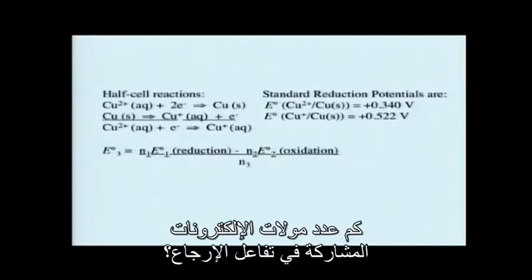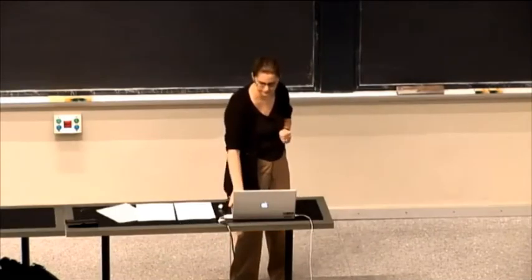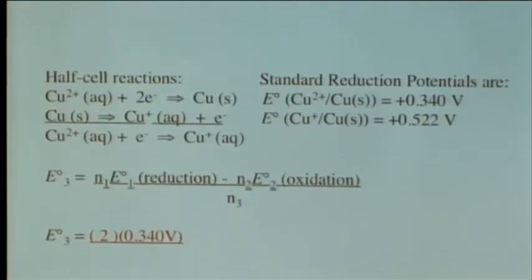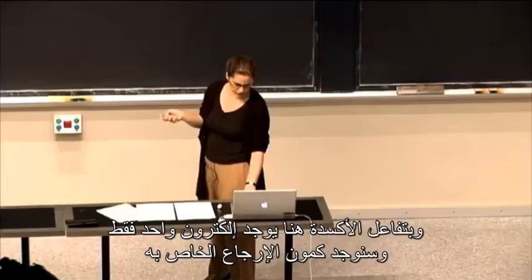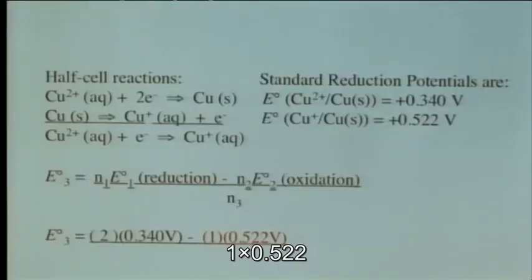Yeah. And how many moles of electrons are involved? Yeah. So we put in 2 times 0.340 volts. And then over here in the oxidation, there's 1 electron involved, and we put in our other potential. So 1 times 0.522.